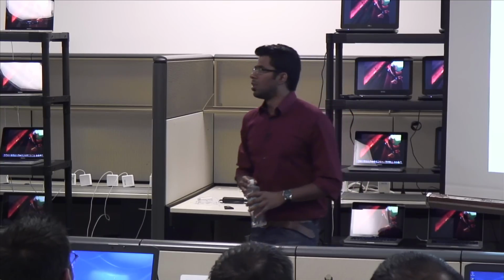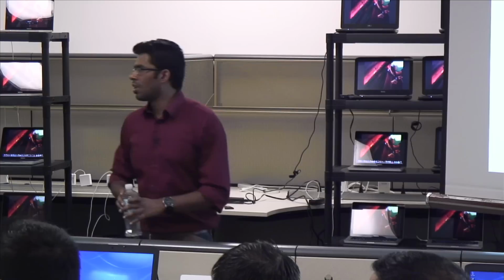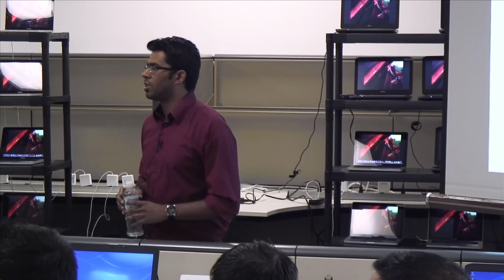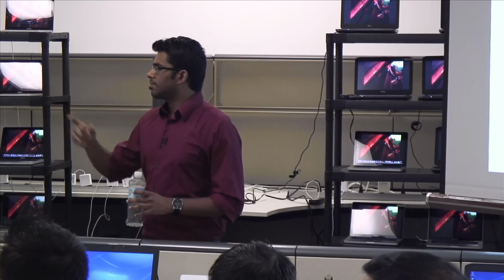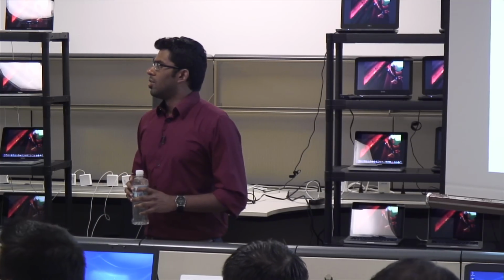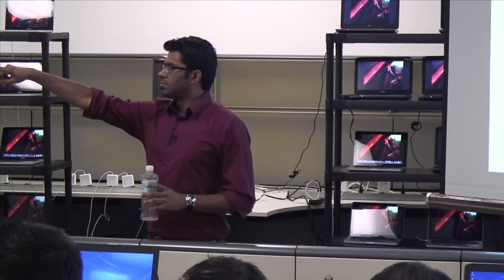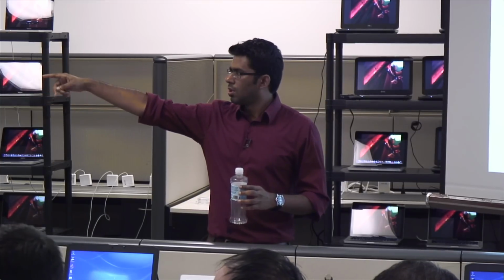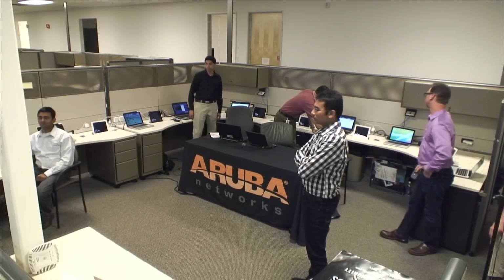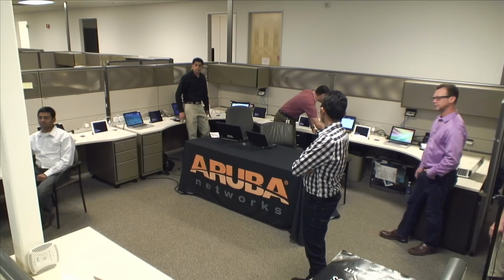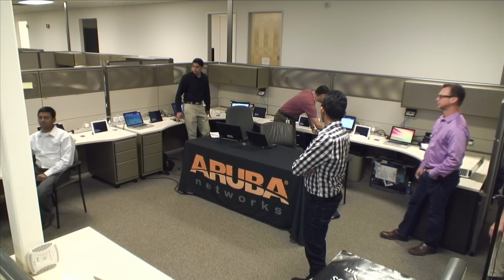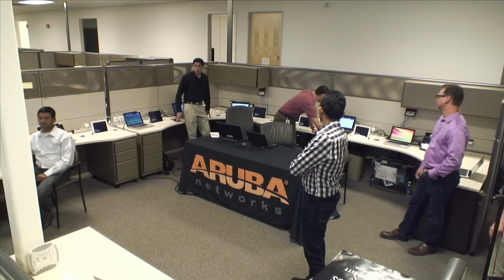So I'm just going to ask some of my colleagues to help me out here. You want to point out which laptop is which? Yeah, if you guys want to just walk down, look at what is going on, feel free. It's a very simple use case. That laptop is running Box, that guy is running Dropbox, this guy is running Amazon, and this guy is running Google Docs.